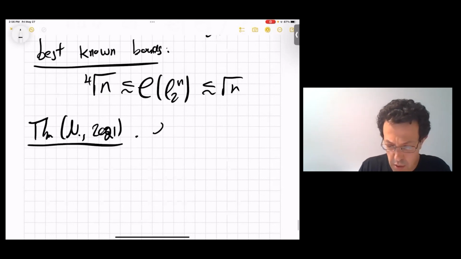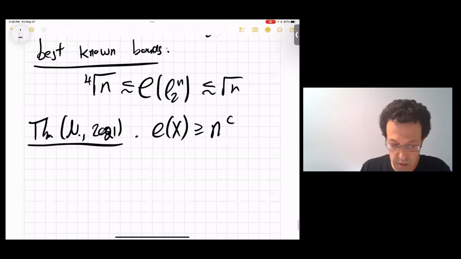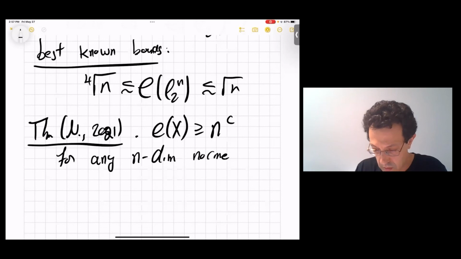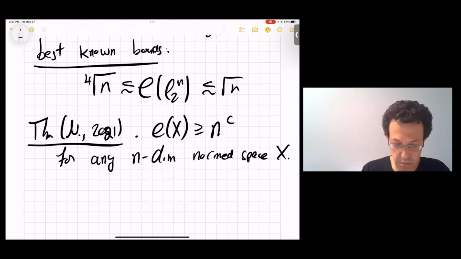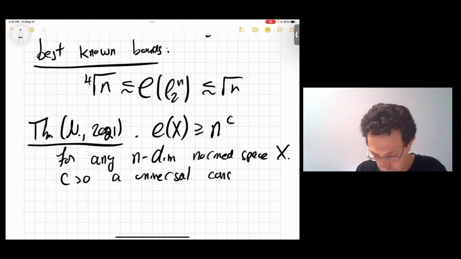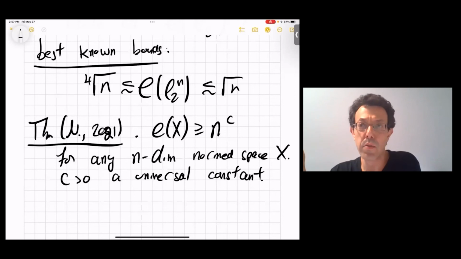It says that e(X) is at least n to the c for any n-dimensional normed space X, where c is a universal constant. So there's an upper bound of n, and there's a lower bound of n to the c.